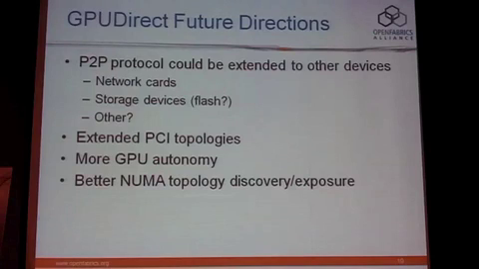Given the audience, I wanted to cover that last bullet point a little bit on NUMA topologies. In discussions with at least one of the Open Fabrics gentlemen, one of the things that gets bounced around is, PCI Express is really slowing everybody down. Can't we do something different?